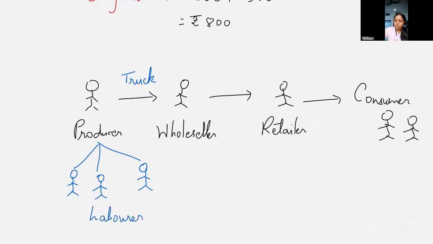So he is transporting through truck, so he'll have to pay the truck person, or he's making the goods with the help of laborers, so he'll have to pay the laborers.